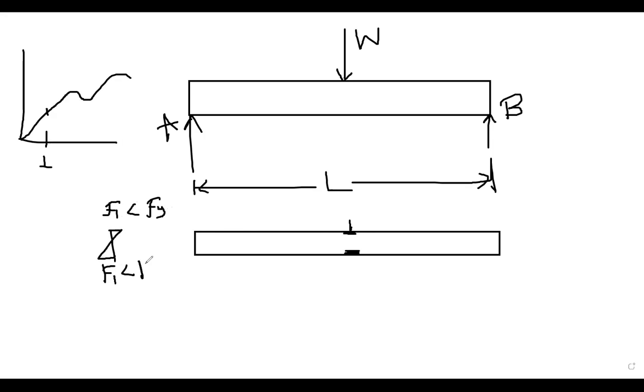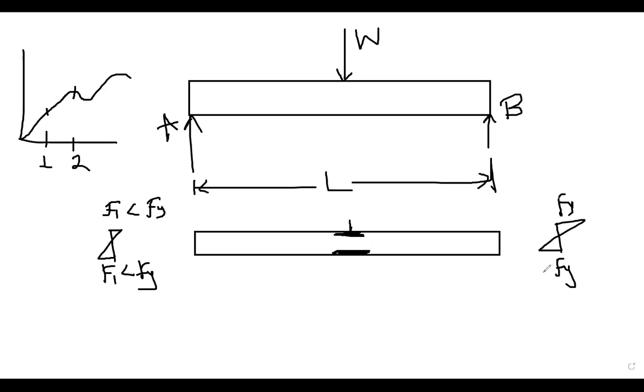So this is at point 1. Then if I increase the loading again, at point 2, that is the yield point, only the extreme fiber reaches the value of stress, that is Fy.